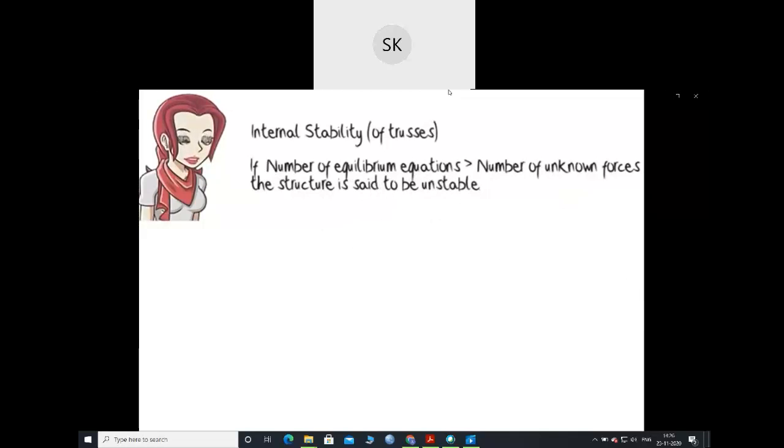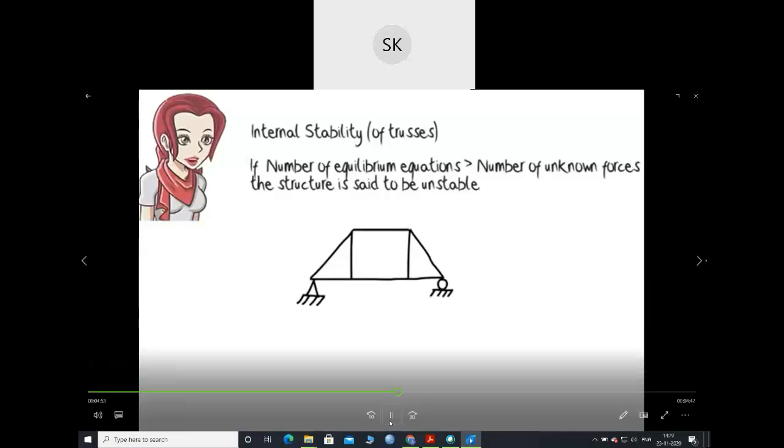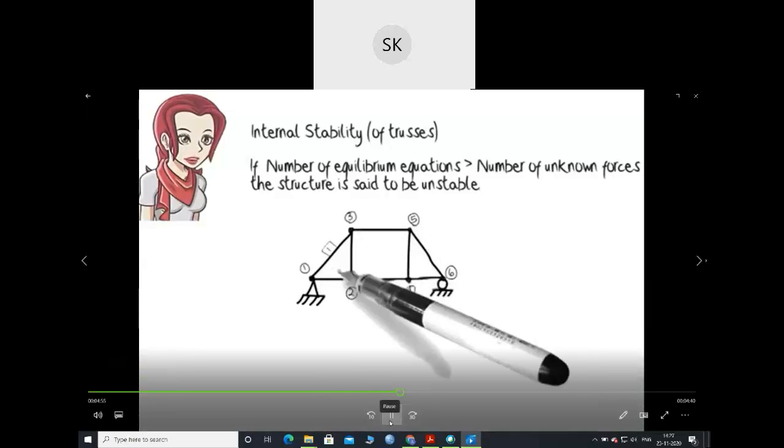Here is an example. This truss has 6 joints and 8 members.